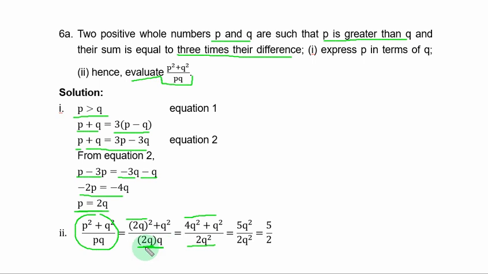If you add the numerator, you have 5Q squared over 2Q squared. By the time Q squared cancels off, you are left with 5 over 2 as the value for this expression.